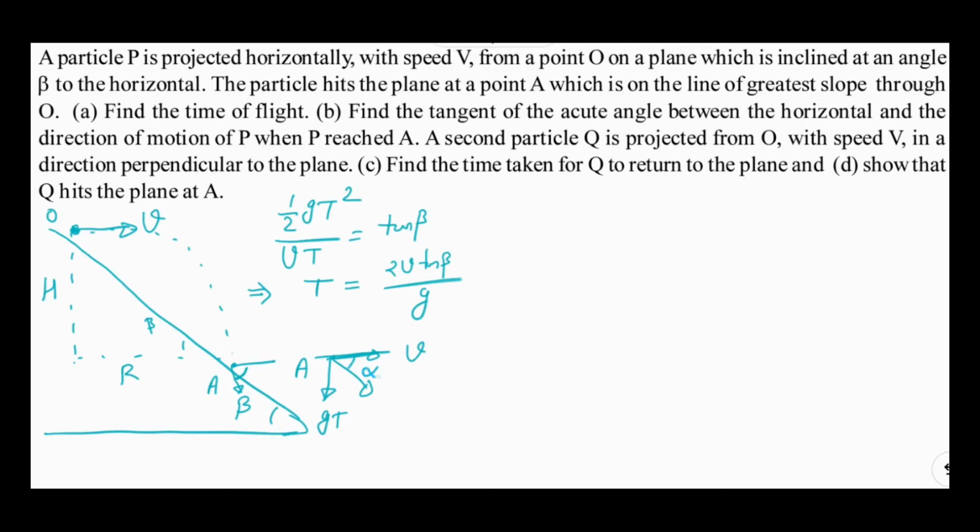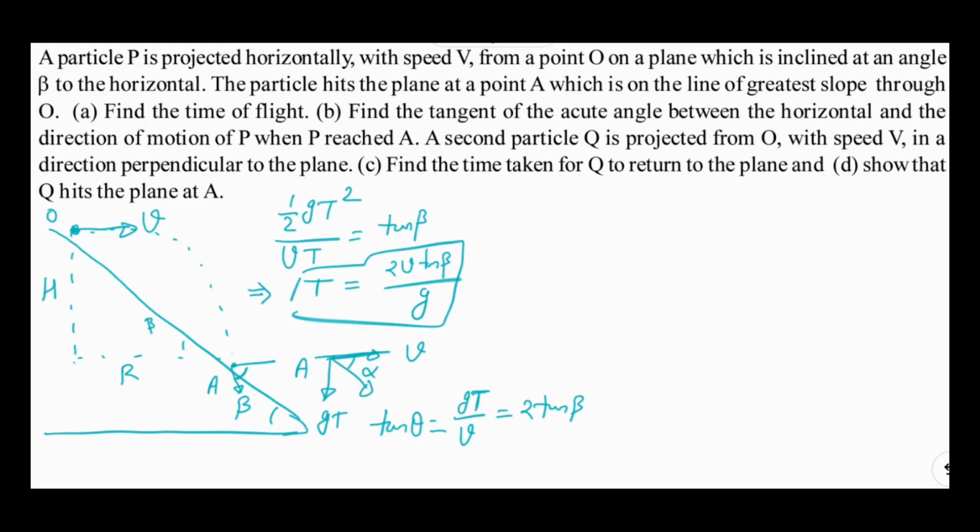And let's suppose this angle is alpha, it can be written as tan alpha is the vertical component, which is gt, by the horizontal component v. If you put the gt from the time of flight equation, which is 2v tan beta, so 2v tan beta by v, it comes out to be 2 tan beta. This should be the tangent of the angle which is asked in the question.